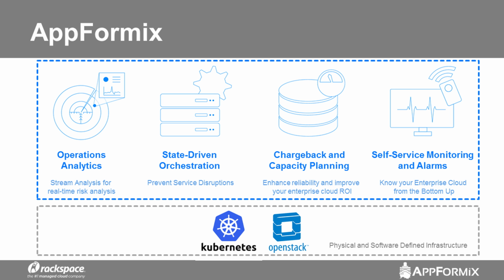Based off of that analysis, what we can next do is make your orchestration state-driven. What that means is that if you have some SLAs under which you want your infrastructure to operate, then we can ensure that as you spin up new virtual machines or containers, the load on your overall infrastructure stays balanced.